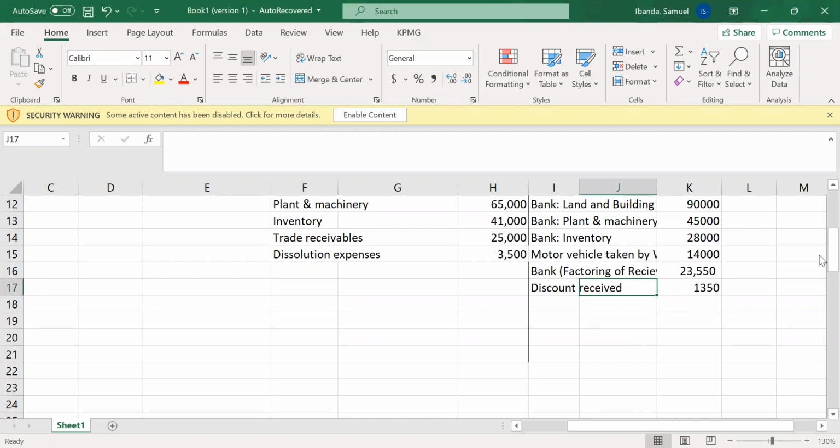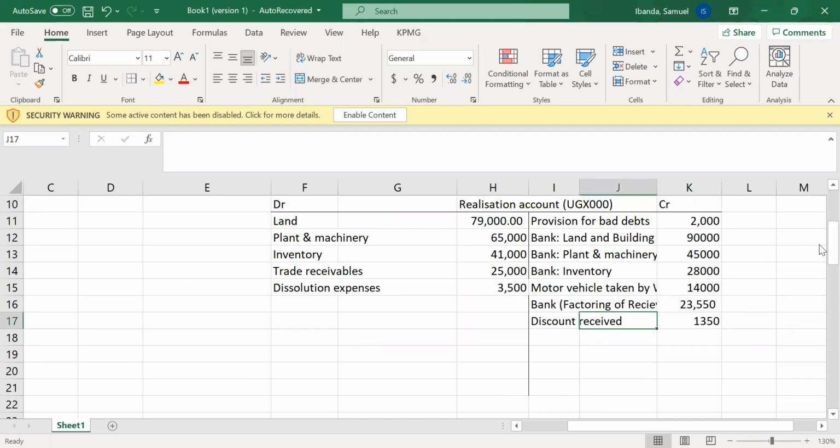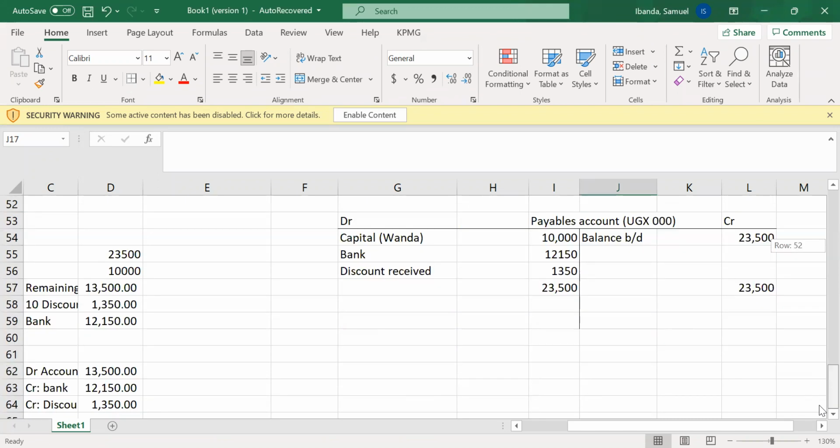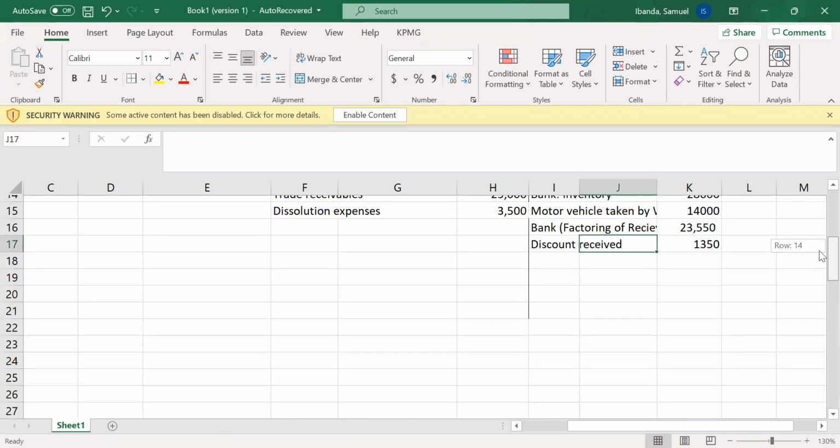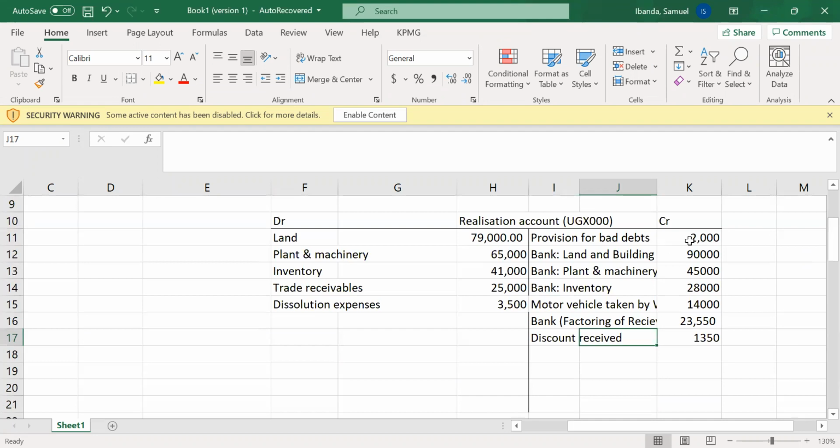So we have tried to take this into consideration. There's nothing else there that we need to. If that is all that we have, then we are supposed to go ahead and balance off our account. I don't know if there's anything from your analysis that we have not included here, because at least we included land and building, plant and machinery, and inventory.